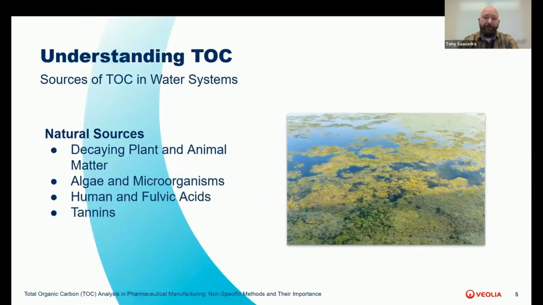So where does TOC come from? Starting off with natural sources, TOC is all around us in our everyday lives. This includes decaying plant and animal matter, right? So as organisms decompose in water bodies, they release organic compounds. This process varies seasonally, with higher TOC levels often observed during the fall. Algae and microorganisms, right? So algae blooms and the life cycles of various microorganisms contribute to TOC.